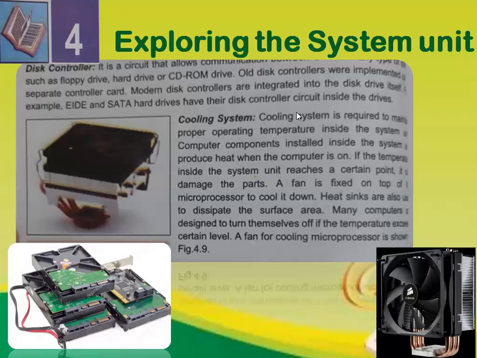Here you can view a fan, and this is used to provide cooling inside the computer system. Dear students, inside the computer system on the motherboard, we have various types of components which work together. Each component needs some sort of current and generates heat. So the cooling system exhausts the heat outside the system unit. A fan is fixed on top of the microprocessor to cool it down.